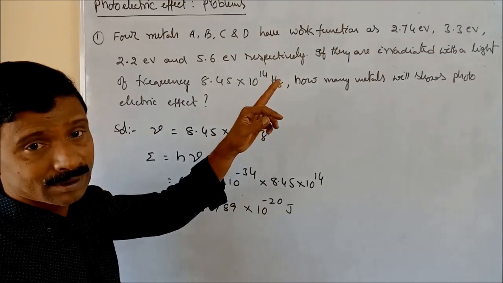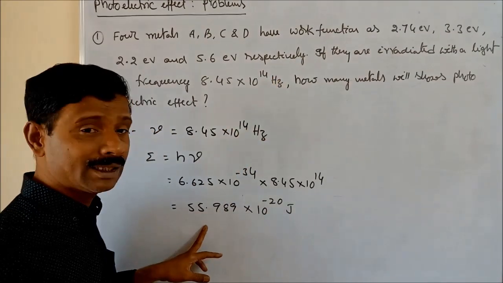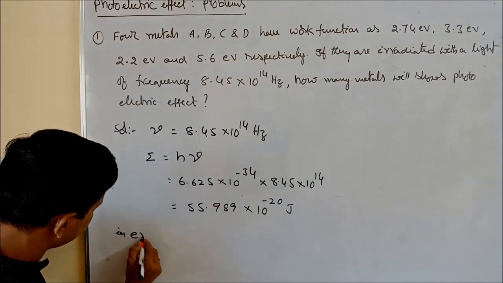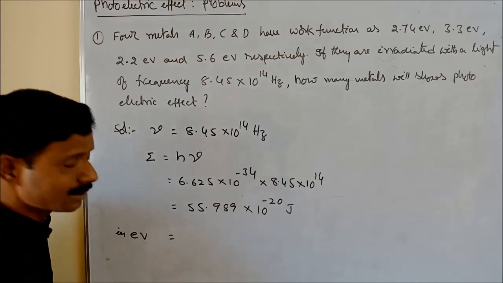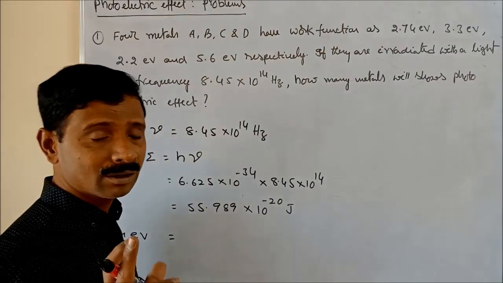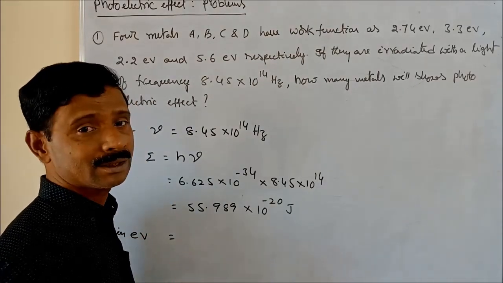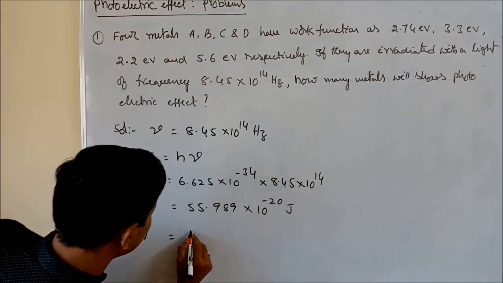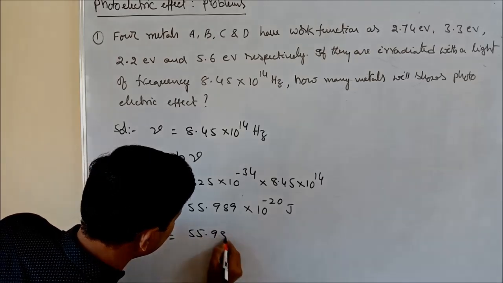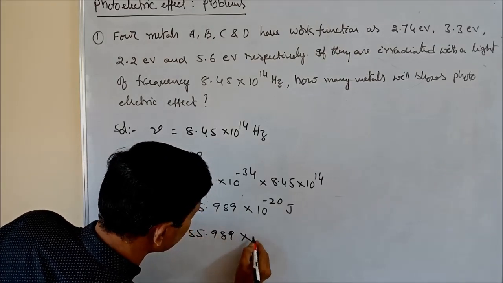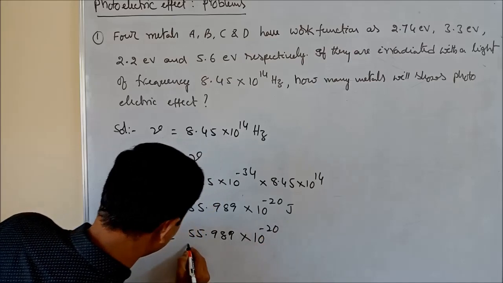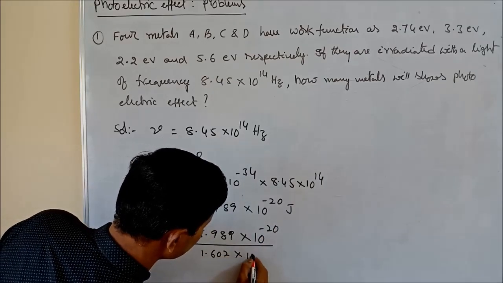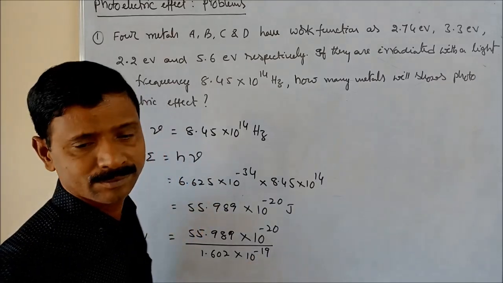But the work function is given in electron volts, and we calculated the energy in joules. So what is the energy in electron volts? As you know, 1 electron volt equals 1.602 × 10^-19 joules. So it is 55.989 × 10^-20 divided by 1.602 × 10^-19.